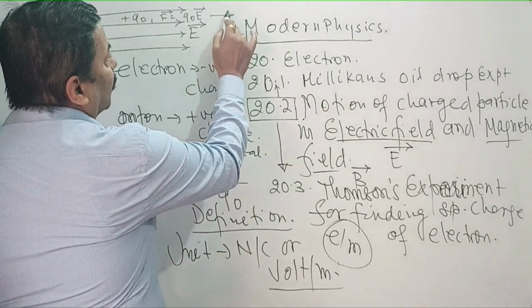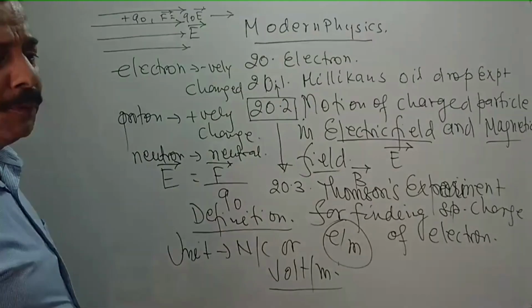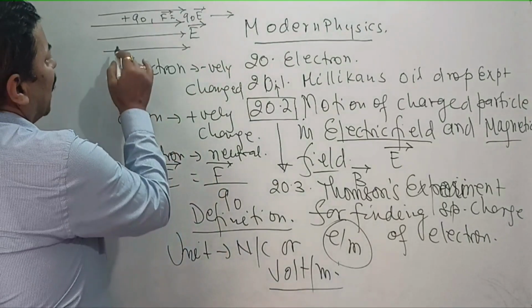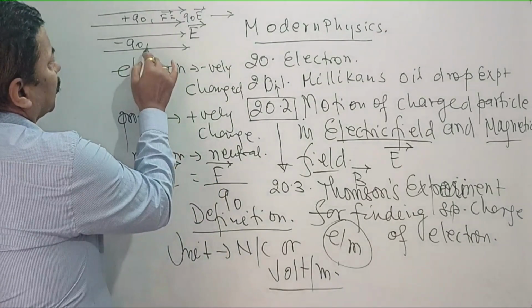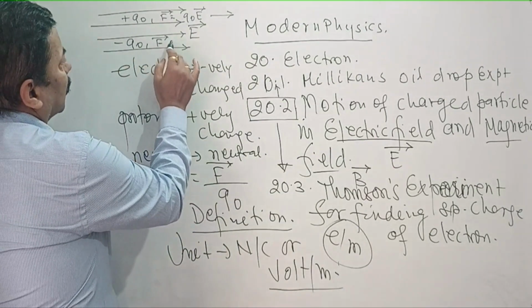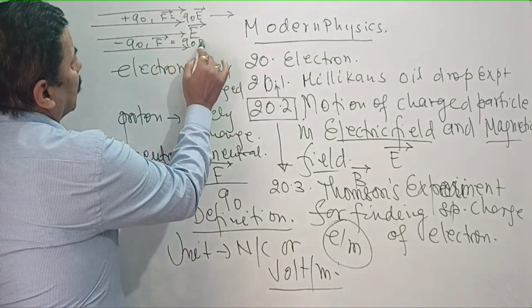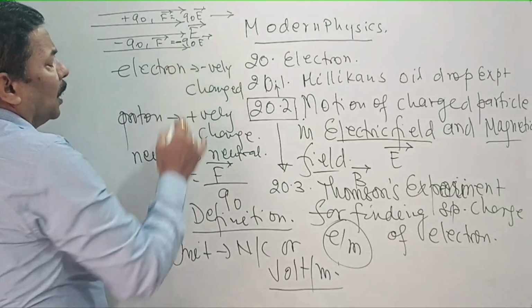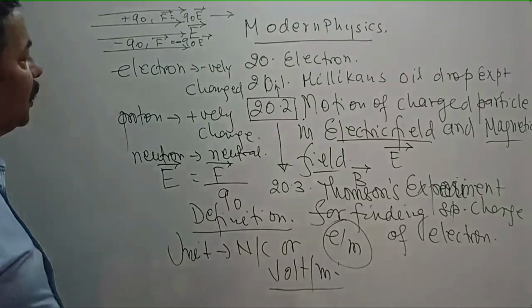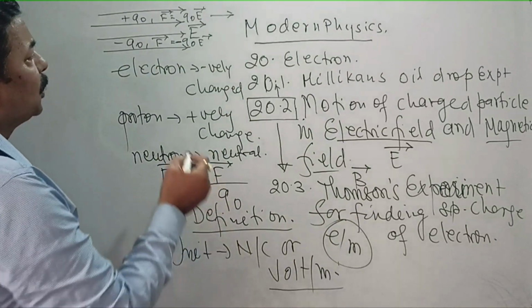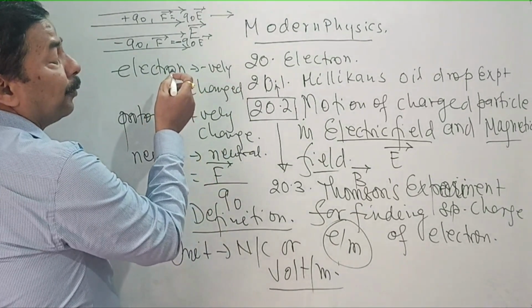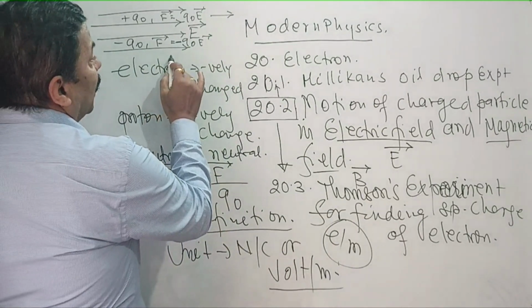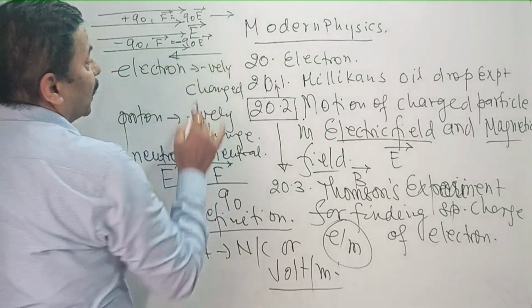Whereas if we take the negative charge minus Q naught, the direction of force is opposite to the electric field, this is the direction of force on the negative charge.